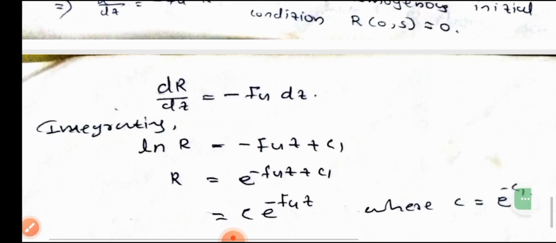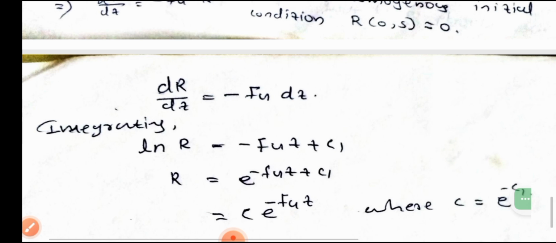Integrating, we get ln r is equal to minus f_u t plus constant c1. Then r is equal to e raised to minus f_u t plus c1. Then r is equal to c e raised to minus f_u t, where c is equal to e raised to c1.